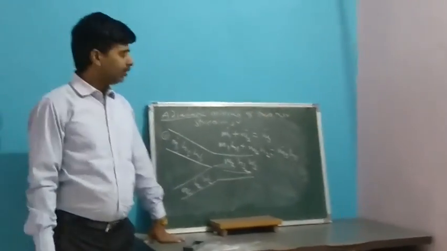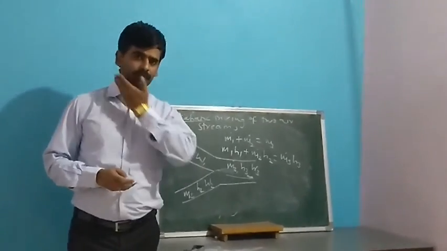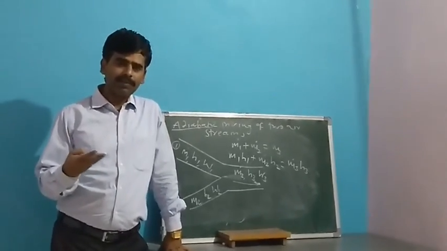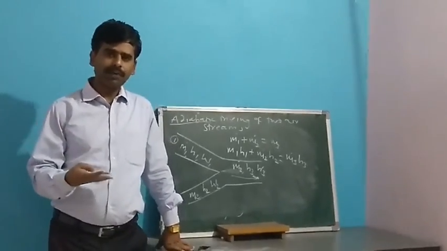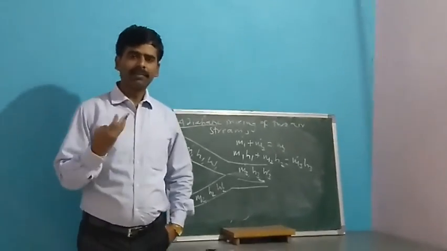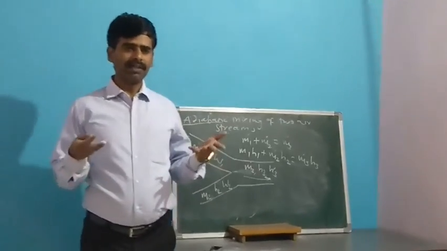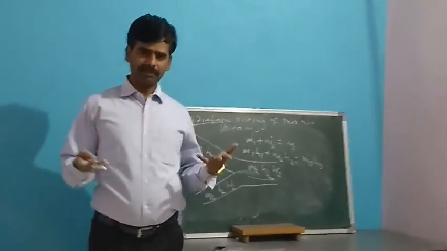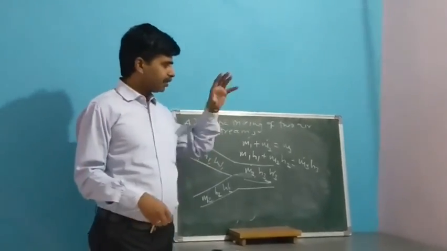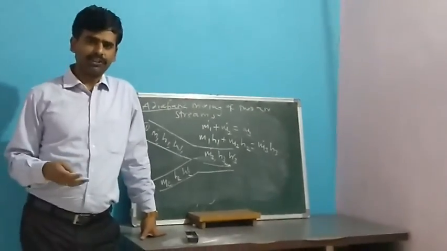Now, as far as the problems on psychrometric processes are concerned, we are generally interested to determine the capacity of either a heating coil, a cooling coil, a humidifier, or a dehumidifier. In some problems it may ask to determine the bypass factor or sensible heat factor. So how to solve the numericals on psychrometric processes?